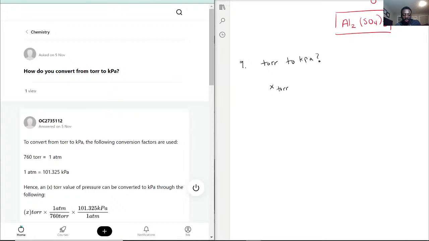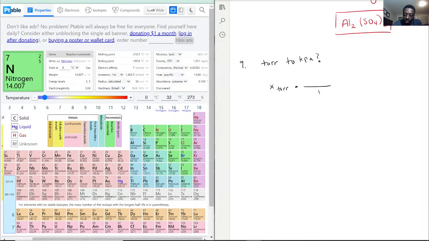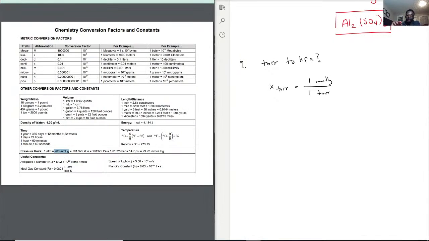So for this question, it'd be X torr, and we want to multiply. I want to turn the torr to millimeters of mercury, so it'd be easier for us. So we want to make sure we get the torr out, so it's in our denominator, and 1 millimeter of mercury. Okay, so now that we've done that, we can work through the rest of the question.